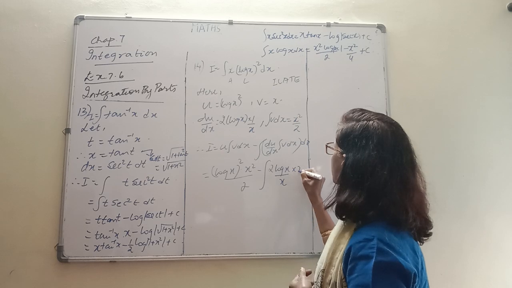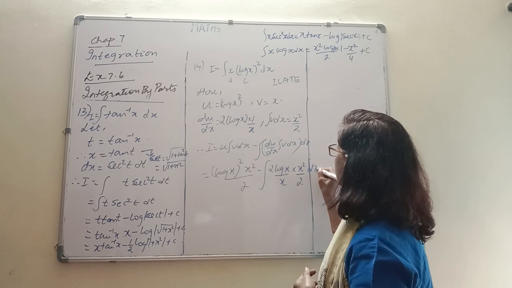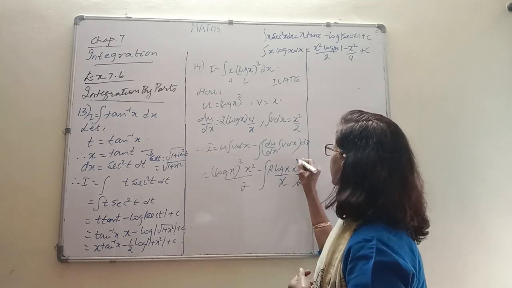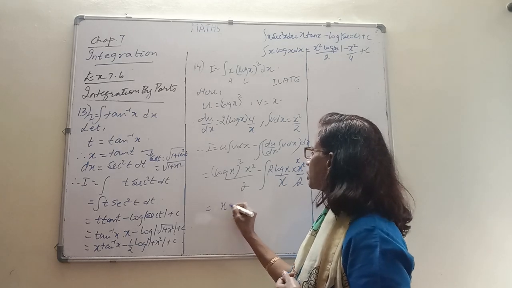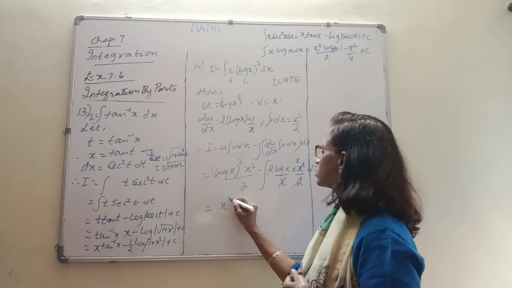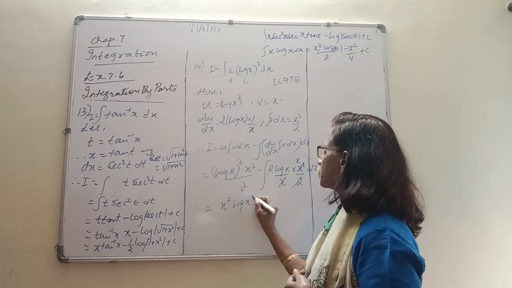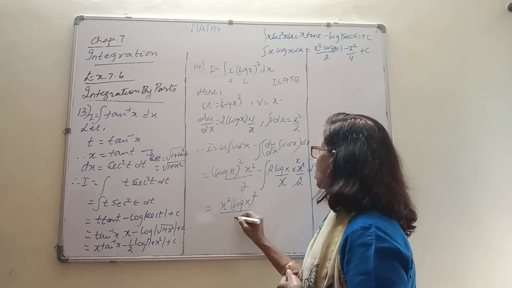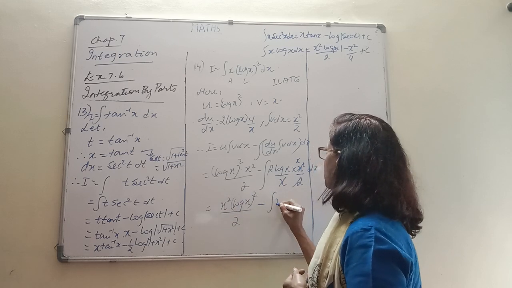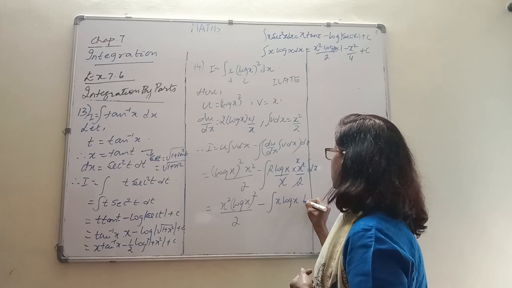Oh, so many things get cancelled here. The 2 can get cancelled, the x can get cancelled. So we are getting x squared log x the whole square over 2 minus integral of x log x dx.